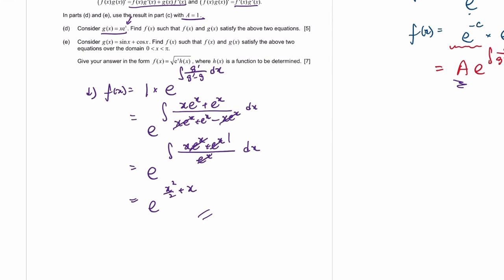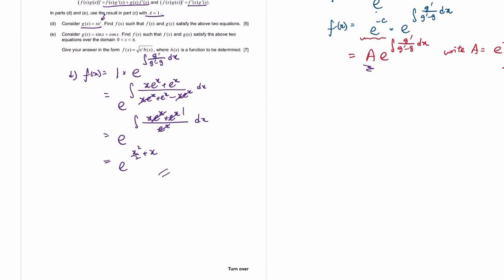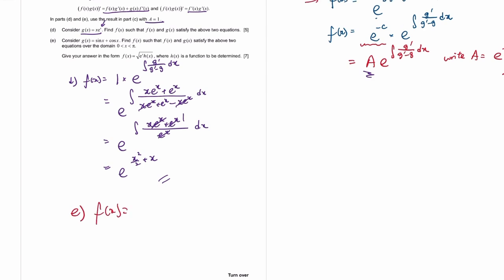Part E, considering that g(x) is sine plus cosine, find f. So I think we're doing the same process. So f(x) again, a being 1, e to the integral of g prime. If we differentiate sin x plus cos x, it's cos x minus sin x, over what? g prime minus g.